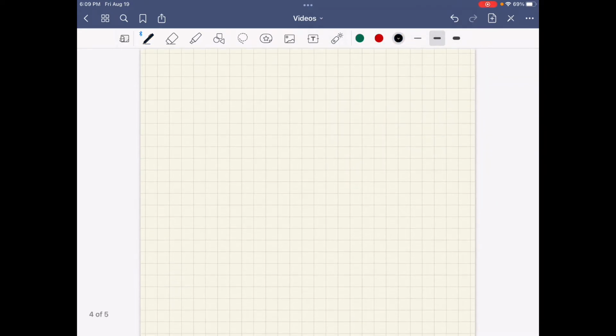Let's start with the position-time. So this is x, this will be t. And the time frames we have is 8 seconds, and let's say over here is 18.